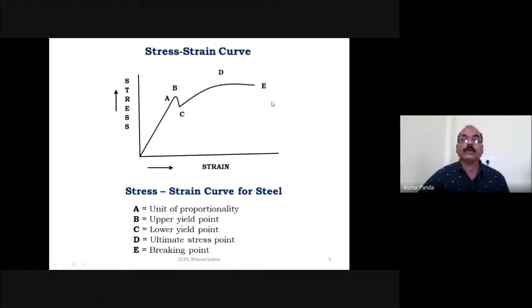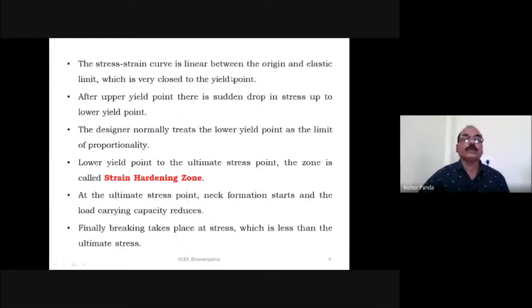So here you see the stress strain curve is linear between the origin and the elastic limit, which is very close to the yield point. After the upper yield point, there is a sudden drop in stress up to the lower yield point. The designer normally treats the lower yield point as the limit of proportionality. Lower yield point to the ultimate stress point is the strain hardening zone.